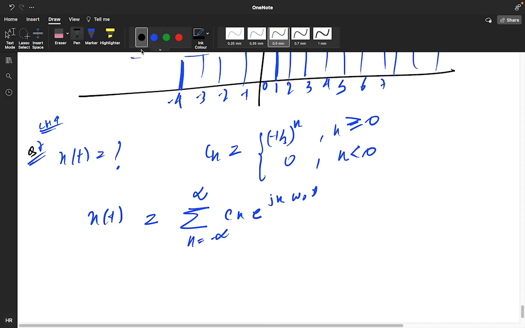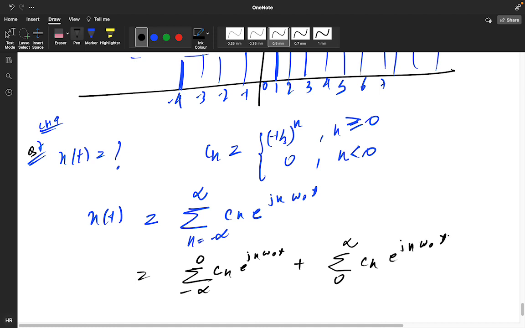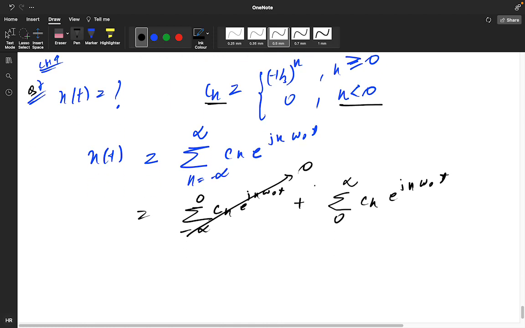So we can break this into minus infinite to 0 c of k e power jk omega naught t plus 0 to infinite ck e power jk omega naught t. So the first part will be 0 because ck value is 0 for k less than 0. And here the k value will be greater than or equal to 0.